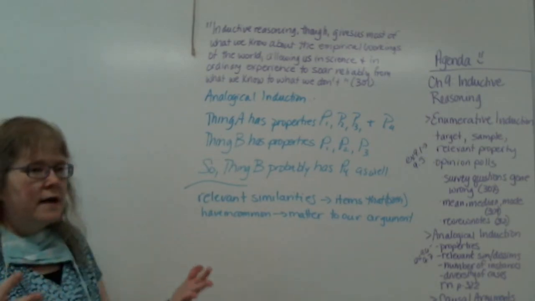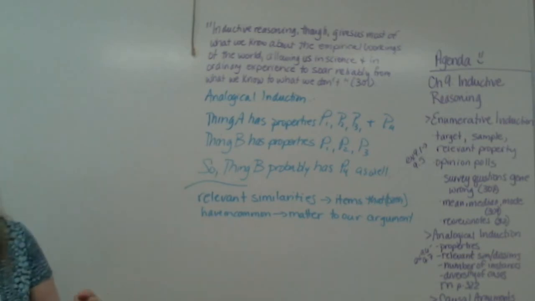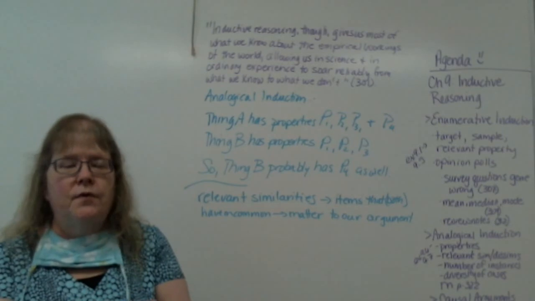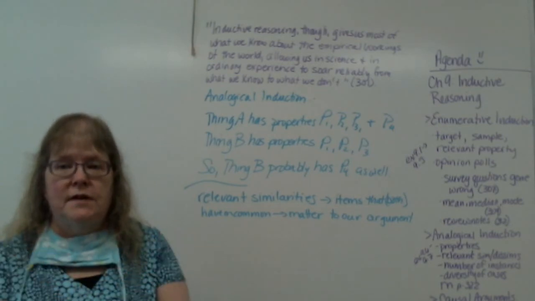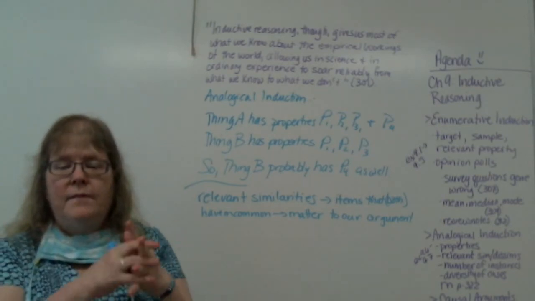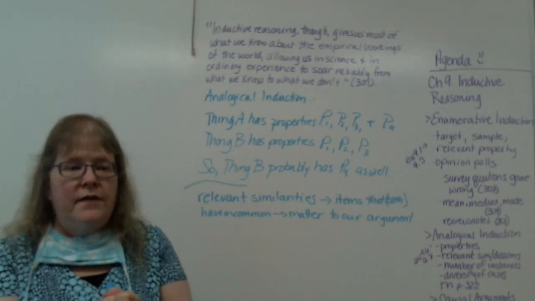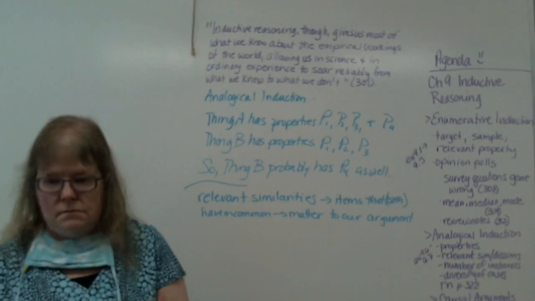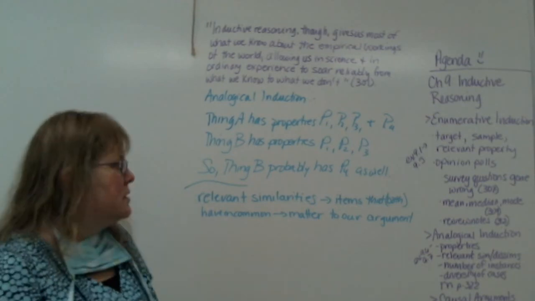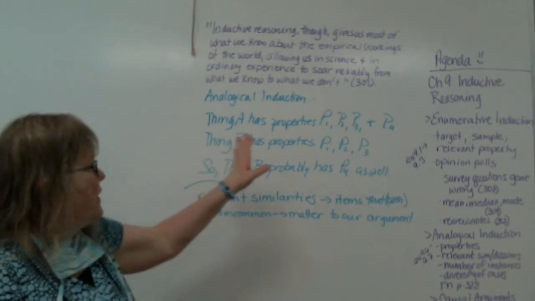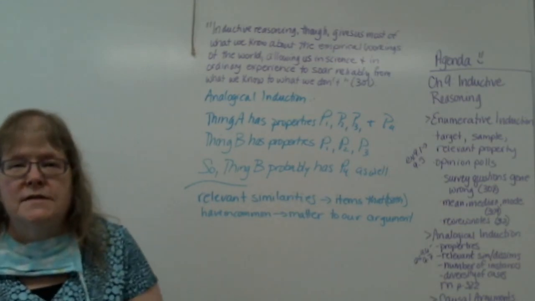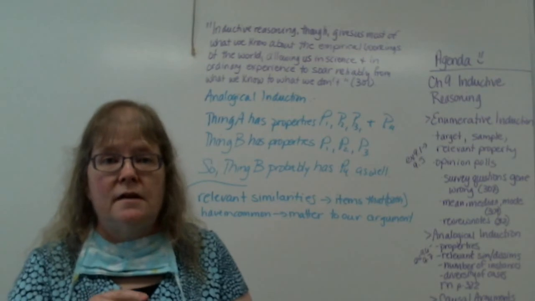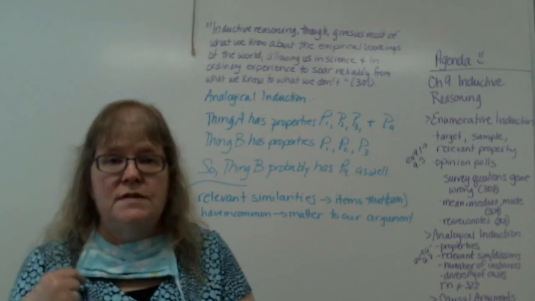So if I'm trying to say that these two animals are very similar, they have a lot of DNA in common, they both are mammals, which means they give birth to live young, they nurse their young, they have a dense coat of fur, they have a very similar skeletal configuration, and thing A has what we call a prehensile tail. It means it can use its tail consciously to do stuff for it.